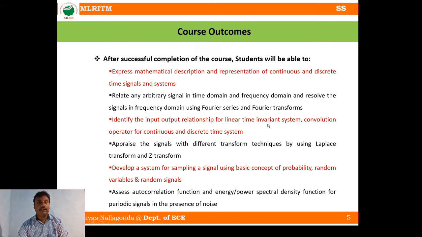Also, they can apply the convolution operation on both continuous and discrete time systems. They can appraise signals with different transform techniques using Laplace and Z transforms. They develop a system for sampling, using concepts of probability, random variables and random signals. Finally, they can assess the autocorrelation function and evaluate energy and power density functions.